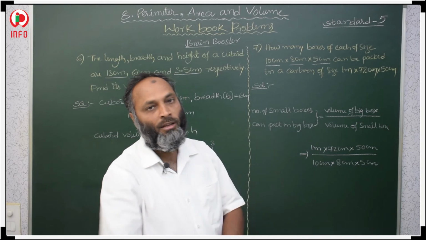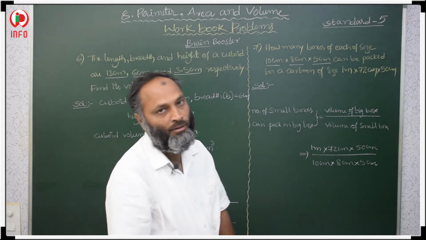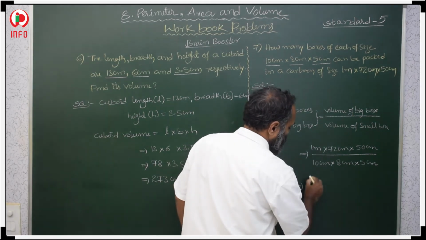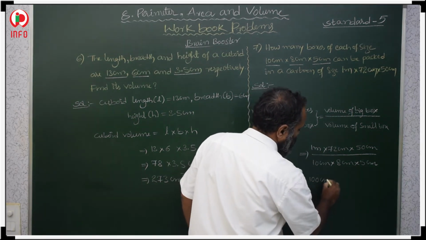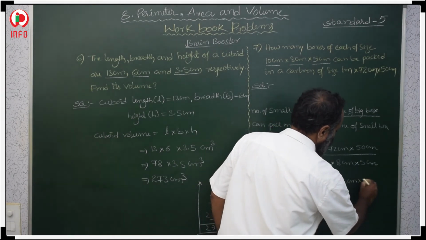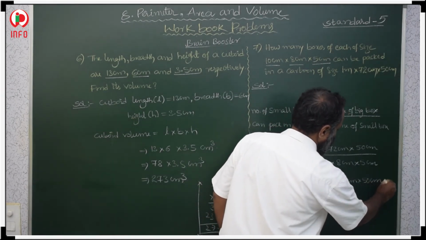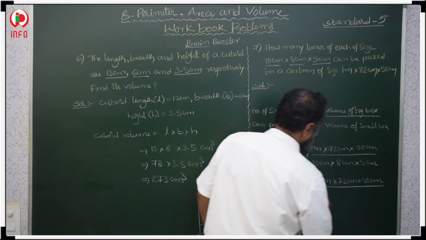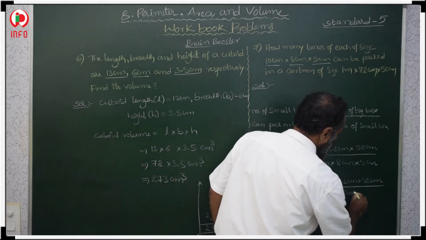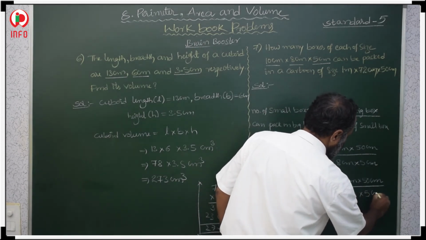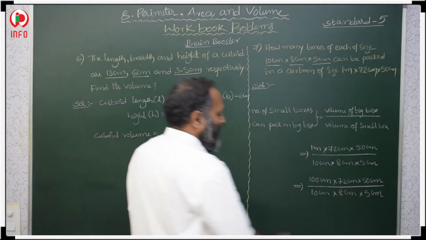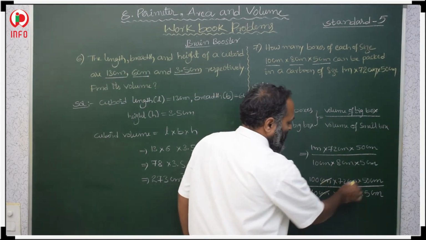One is in meter, so that meter we have to convert into centimeter. 1 meter is equal to 100 centimeters, we know. So in the place of 1 meter we write 100 centimeters, 72 centimeters into 50 centimeters by 10 centimeters into 8 centimeters into 5 centimeters.